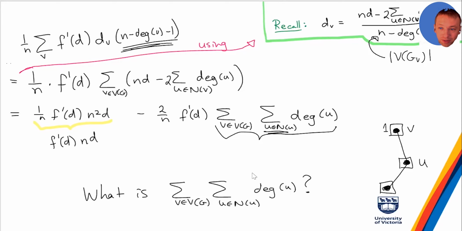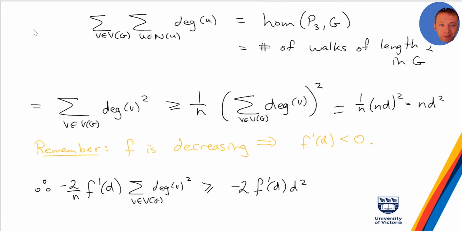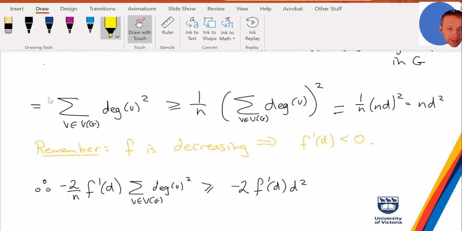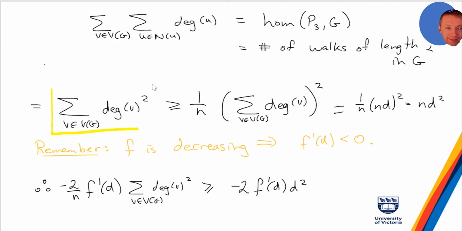And as was suggested, another way to count walks of length 2 is to just pick the middle vertex first and then choose 2 neighbors. So it's also counting homomorphisms from P3 into G or whatever you want. And so this is exactly what was the answer given. So thanks for that. So that's the sum of the degrees squared.